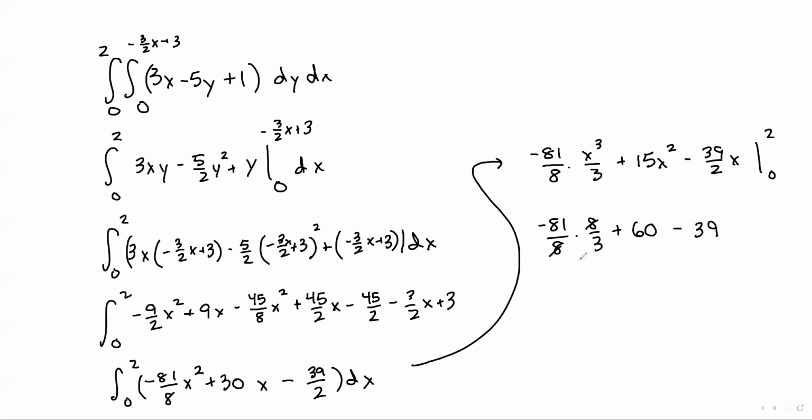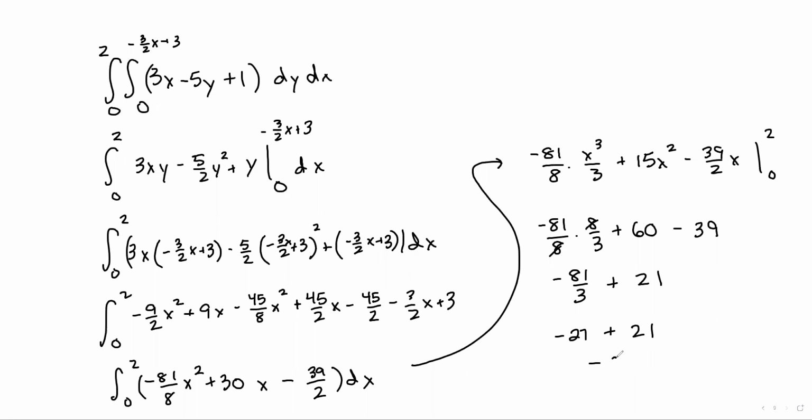Okay, and then let's see, what do we got here? So this is negative 81/3, 21. Then 3 goes into 81 27 times.